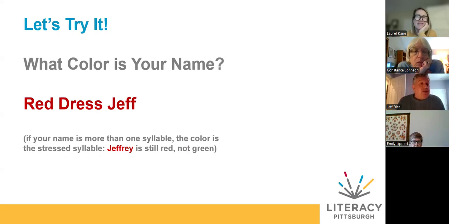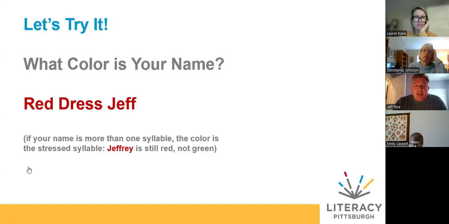My full name is Jeffrey. Jeffrey would still be red dress Jeff because Jeff receives the stress or the emphasis. It's not green tea Jeffrey, but red dress Jeffrey. So if you have a multi-syllable name, still just one color for the syllable that's emphasized.